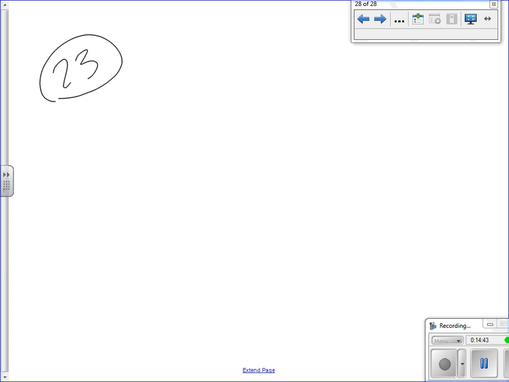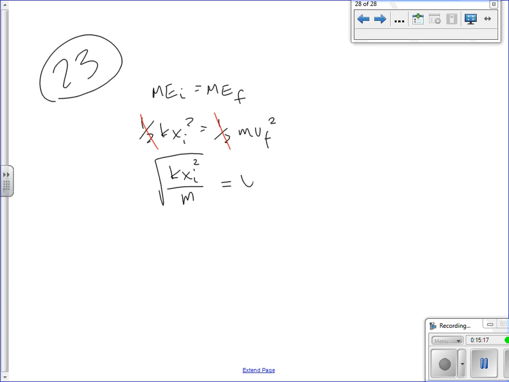23. Let's see. Oh my, how do we do this one? Compressed 20 centimeters by that. Spring is released. What's the impulse imparted? I think what I did here was a conservation of energy. It's going to end up going that fast.